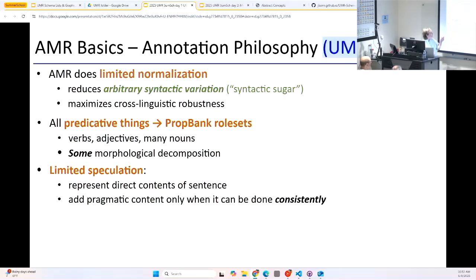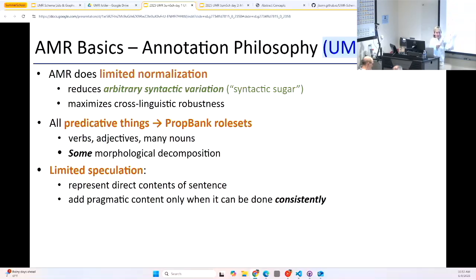Limited speculation. In AMR, you could infer a bit about what was going on beyond what was explicitly stated. Like if you had the cat likes to eat cheese, obviously the eating cheese event is being done by the cat. The cat doesn't like for someone else to eat cheese.